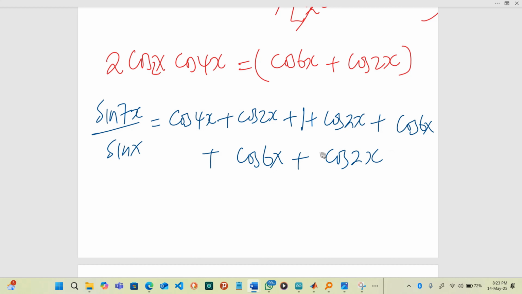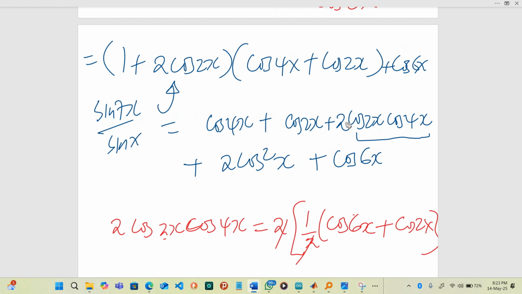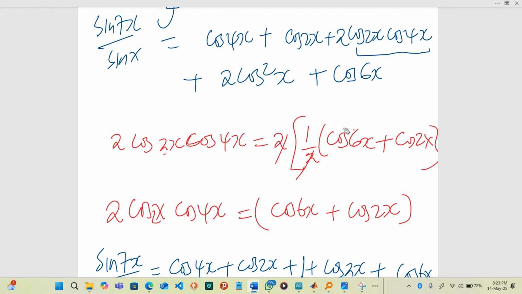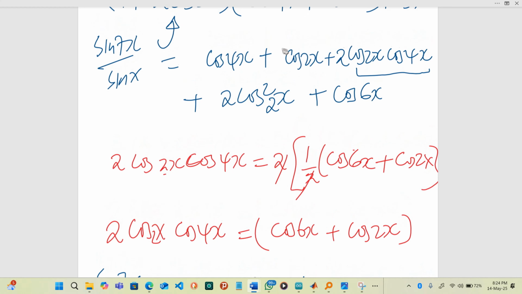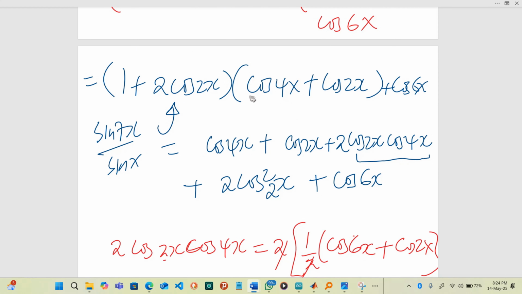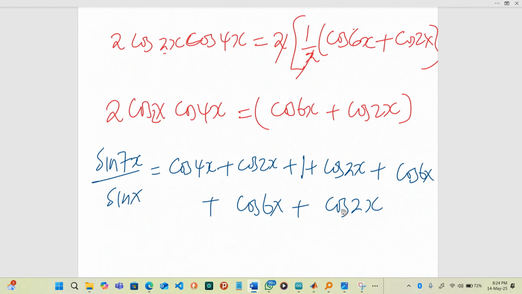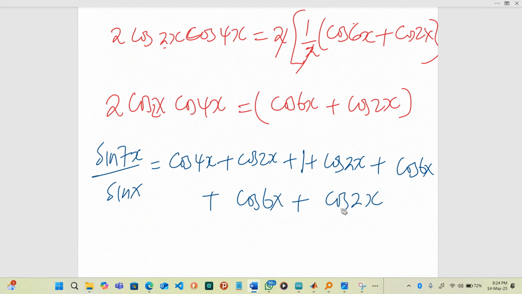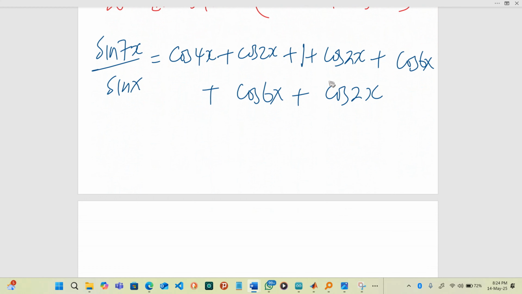Then we add this component plus cos 2x. So this is supposed to be cos squared 2x because it is as a result of this multiplied by this. Yes, and now that will become 1 plus cos 4x. I hope we can see that.